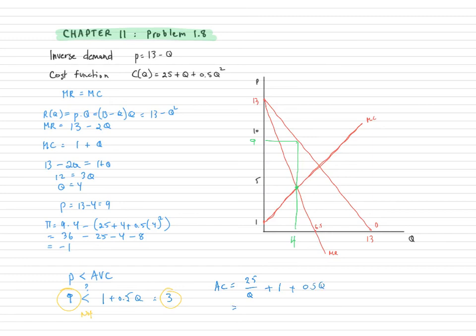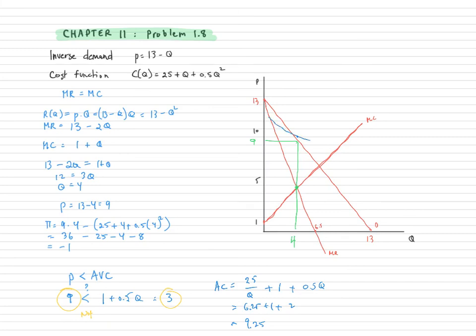If I plug in the profit maximizing output level, well, that's 25 divided by 4, which is 6.25, plus 1 plus 2, 9.25. So basically what we're saying is that the average cost will be equal to 9.25 there.